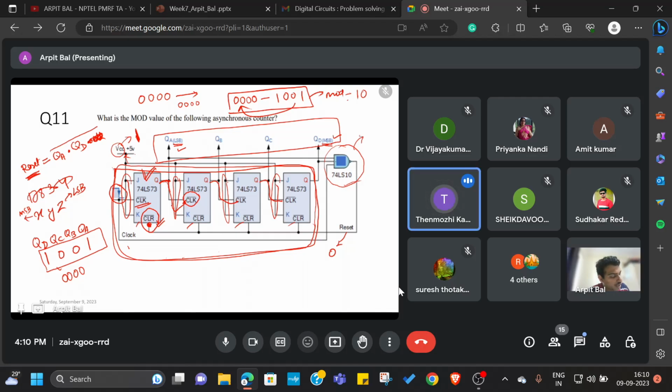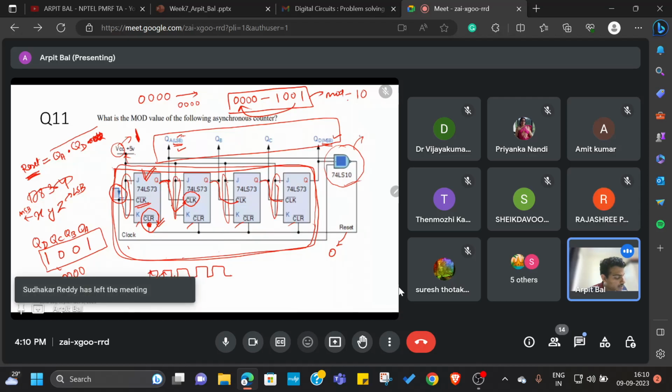Let me assume, as it is given that QA is the LSB, let me draw the clock like this. QA is going to toggle at each negative edge. If it starts from 0, it will toggle here, here, here, and so on. It means it will toggle at each clock edge, right?